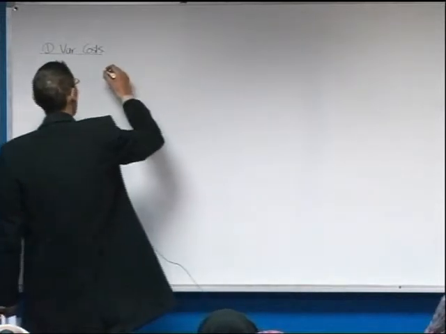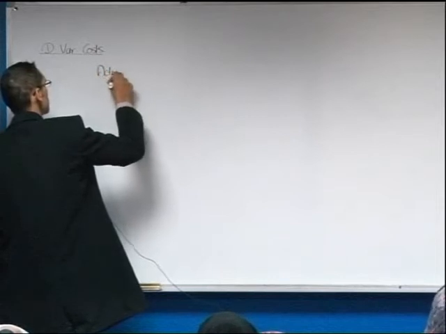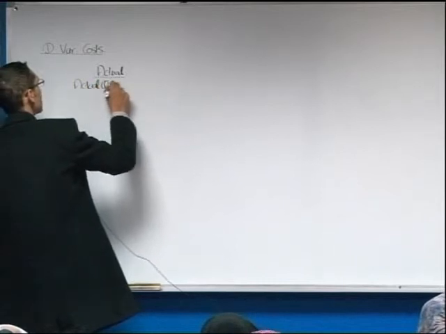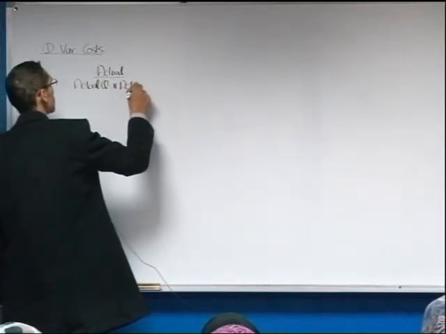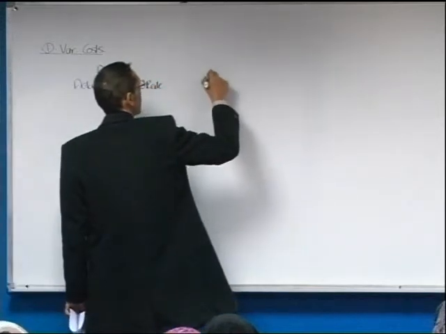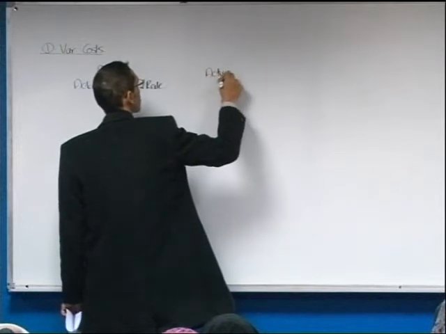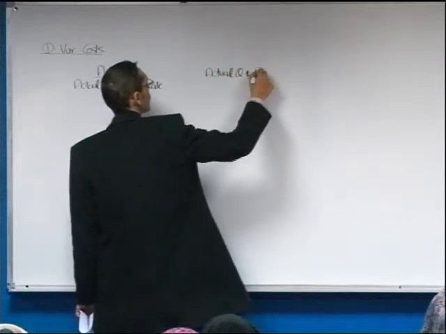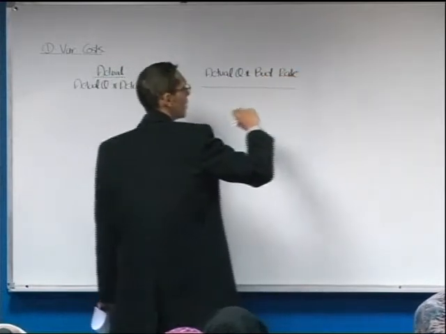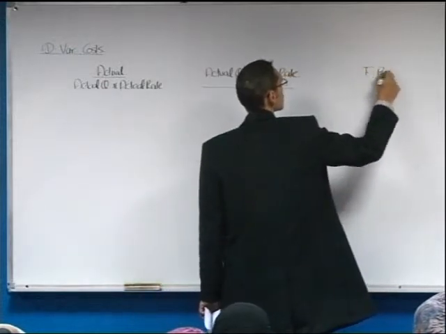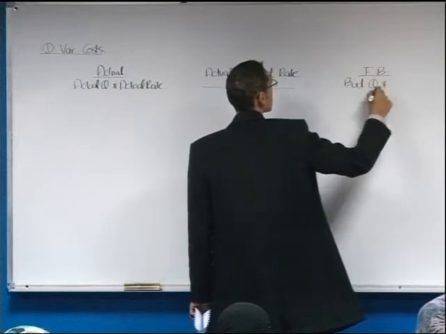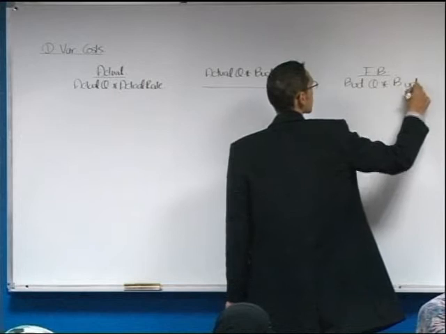We start with the actual, which is the actual quantity multiplied by the actual rate or price, and then the actual quantity multiplied by the budgeted rate, and then the flexible budget amount, which is the budgeted quantity multiplied by the budgeted rate.